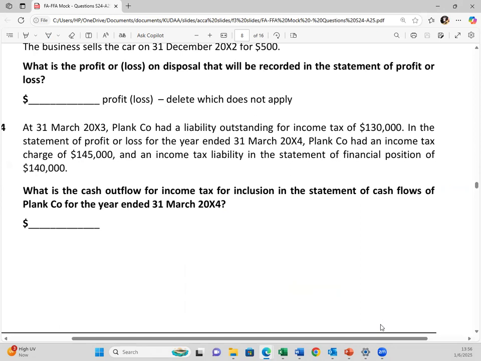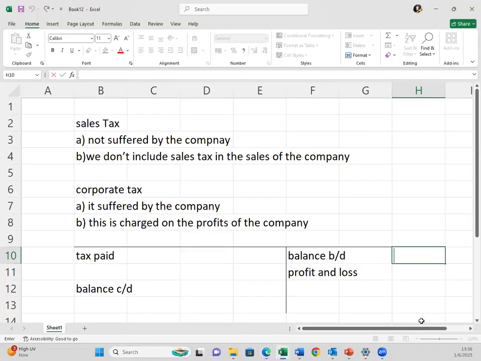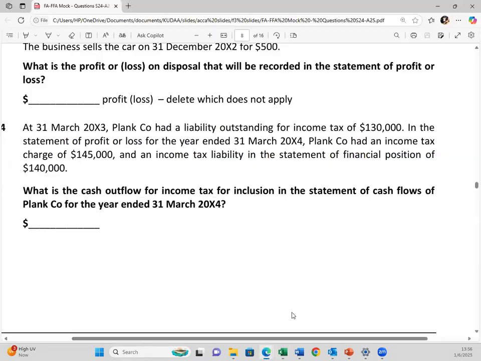And the amount we are recording in the profit and loss is 145,000. Then how much are we owing at the end of the year?